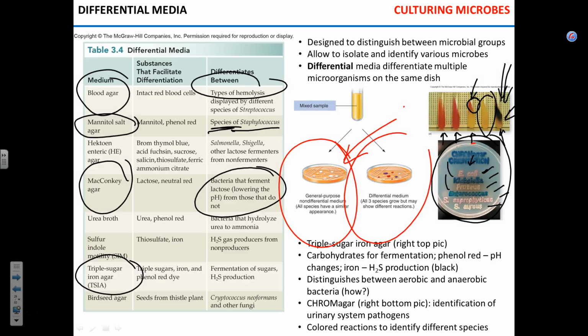Say, MacConkey agar supports the growth of gram-negative enteric microbes and inhibits the growth of gram-positive bacteria. What would describe it best? Okay, and you get answers. So you have to recognize it's selective. Does that make sense? So that's that. You have to employ that thinking.